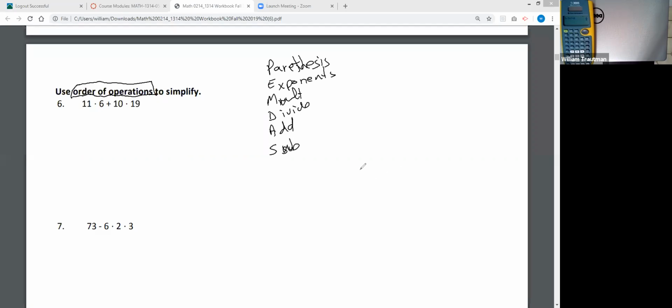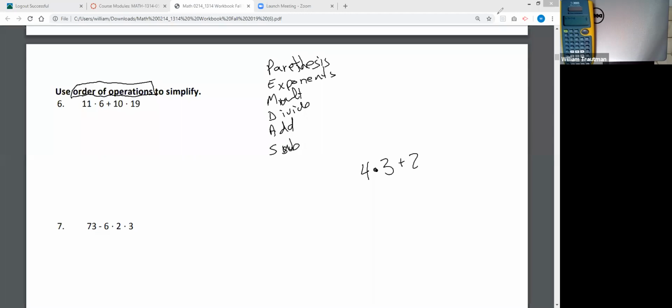I want you to type in this answer, 4 times 3 plus 2. Don't use a calculator. 4 times 3 plus 2. What do you get? Type your answer into the chat box. It doesn't matter if you're wrong. By the way, if you get a problem wrong, that's okay, because we can only learn if we're wrong with a problem.